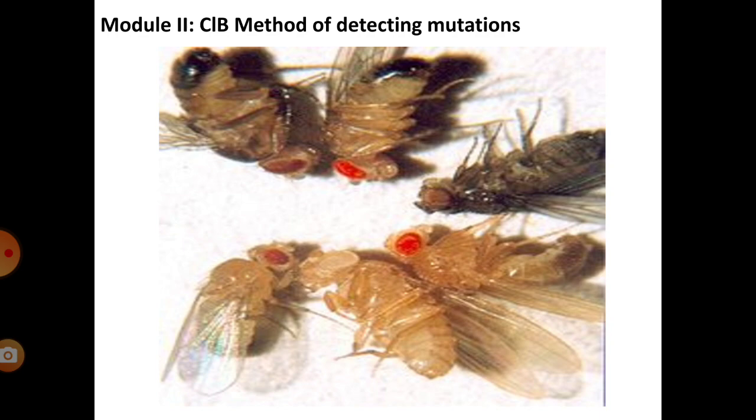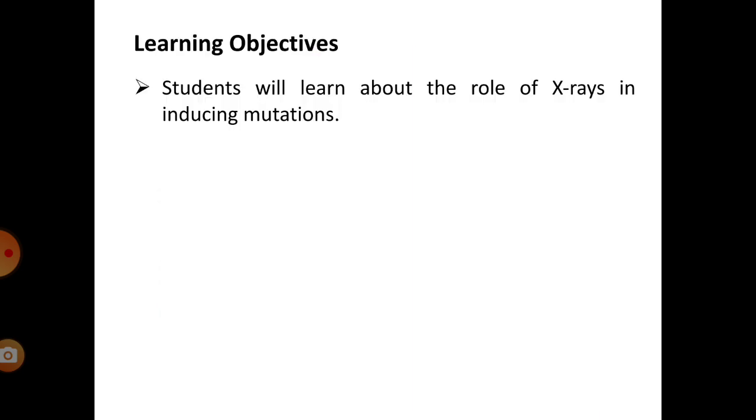And today we will be learning about one particular topic with reference to these flies. You will have to learn about the role of X-rays in inducing mutations. This is session 22 of your LMS Karnataka, Bangalore City University.